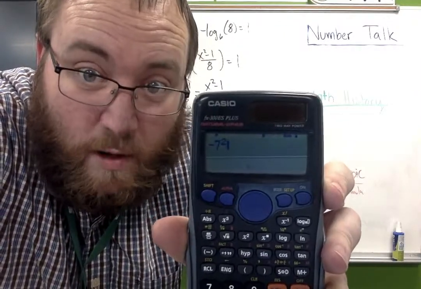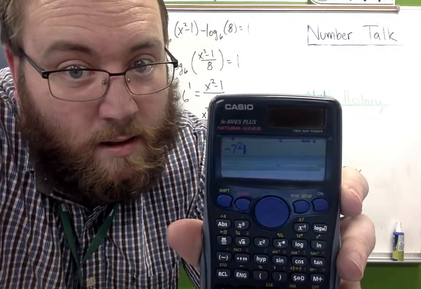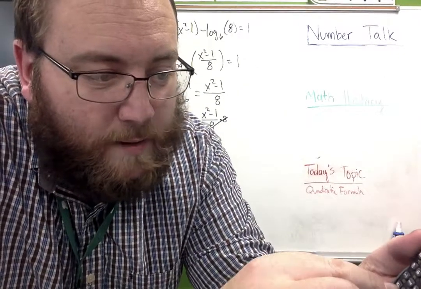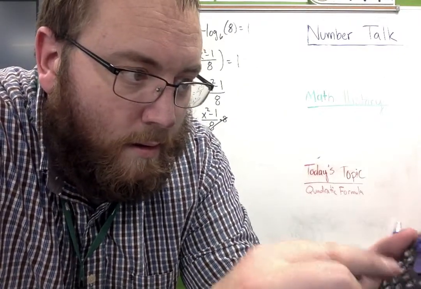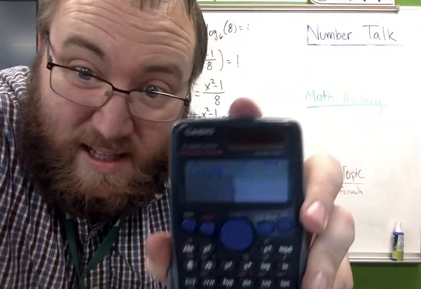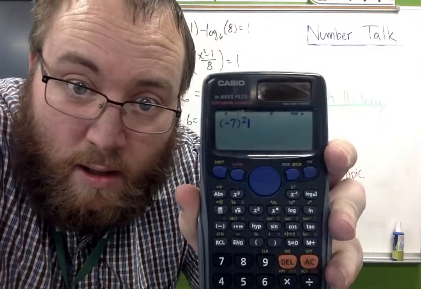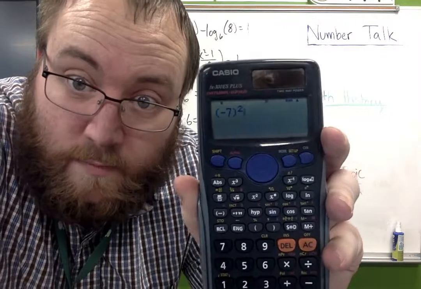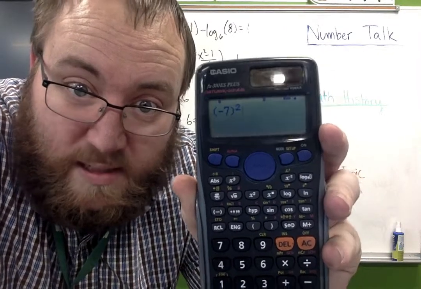So it's going to do 7 squared and then the minus. So you got to type it correctly, to where an inanimate object, something a lot stupider than you are, understands you. Okay? So this is the whole thing squared.